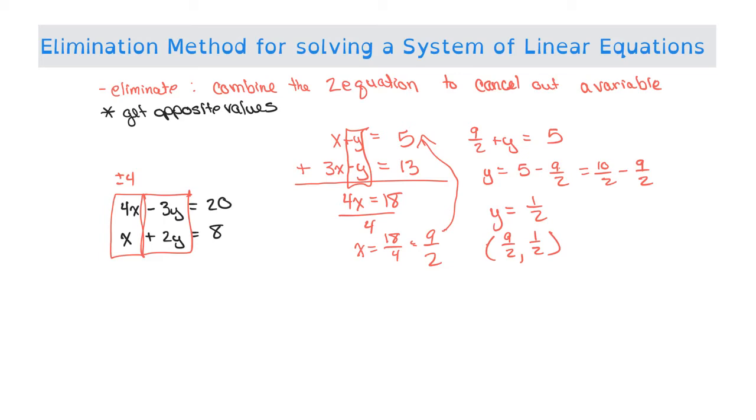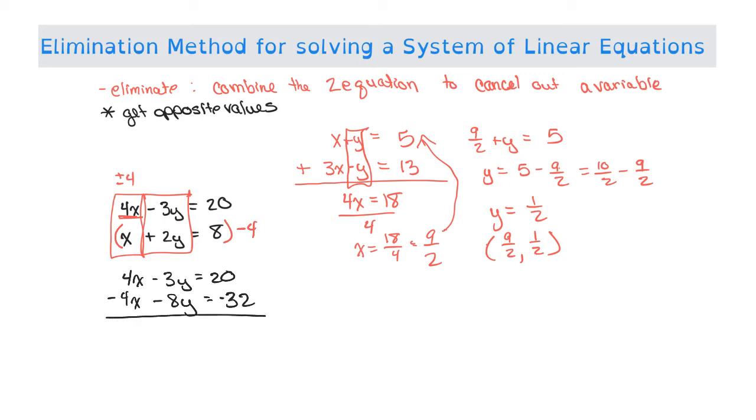I'm going to go with trying to get plus or minus 4 because this bottom equation, all I have to do is multiply that by negative 4 to get the opposite of 4x. So once we do this, we've got 4x minus 3y is equal to 20. And then we got negative 4x minus 8y is equal to negative 32.